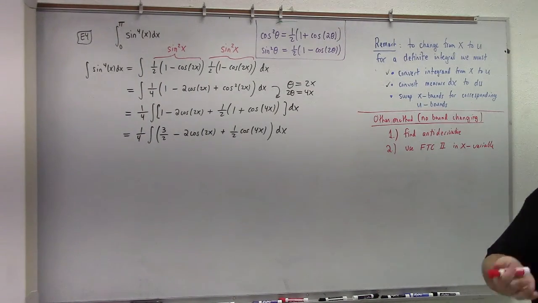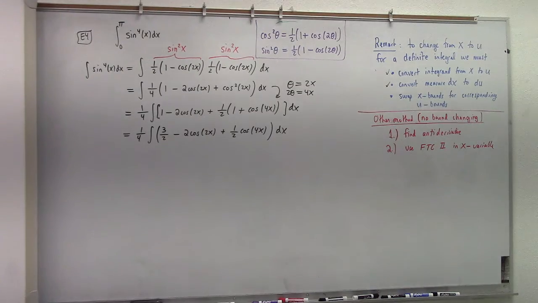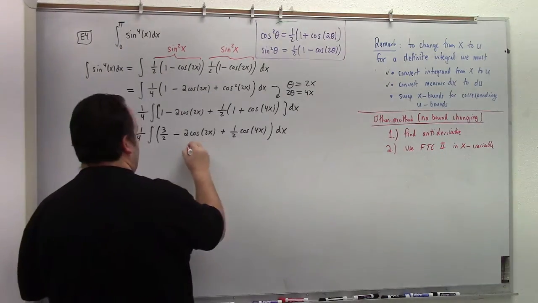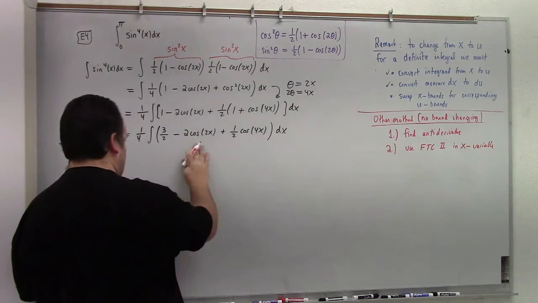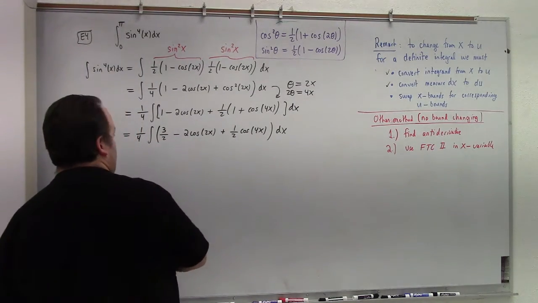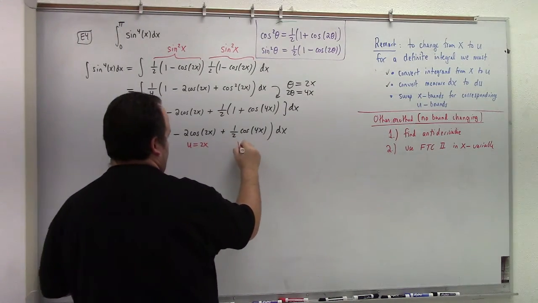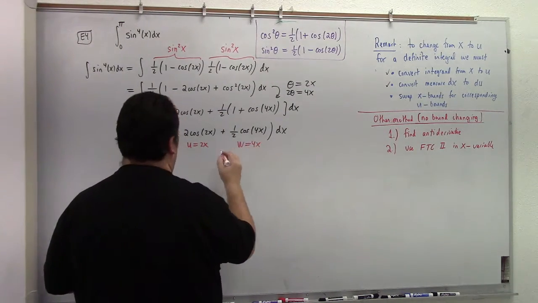So there's two different u-substitutions going on here, isn't there? Really, I make u equal to 2x to take care of this one. I make w equal to 4x to take care of that one.